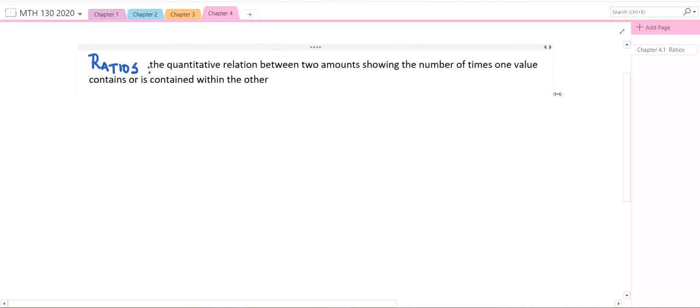Let's stretch this out over here. So we often will display a ratio by saying maybe 4 to 15. Sometimes we'll use a colon instead of the "to".